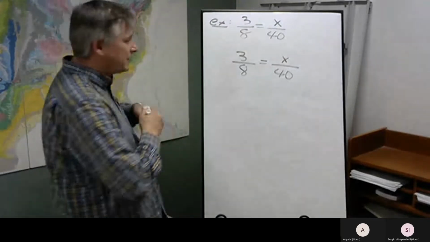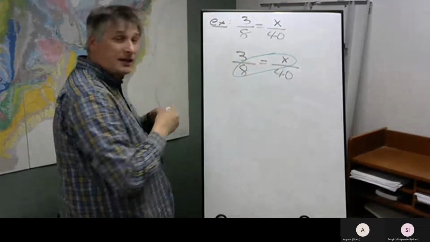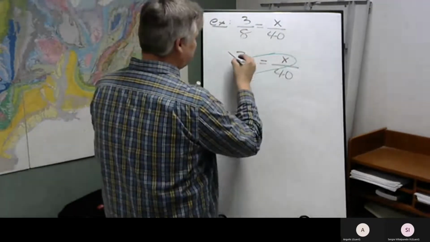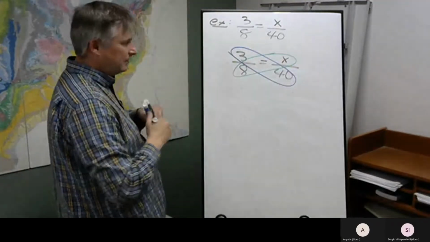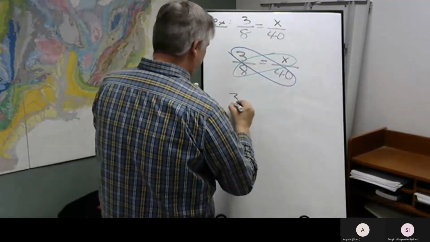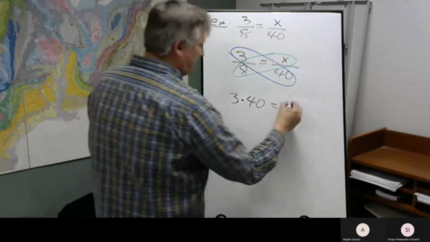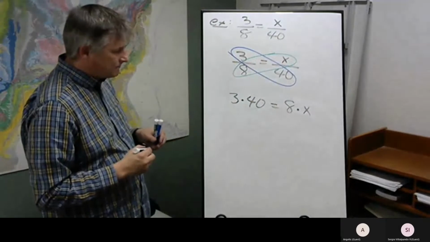So this one, I want the product of the means equal to the product of the extremes. That means 3 times 40, and then 8 times x.